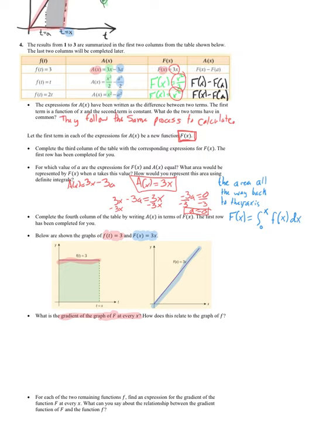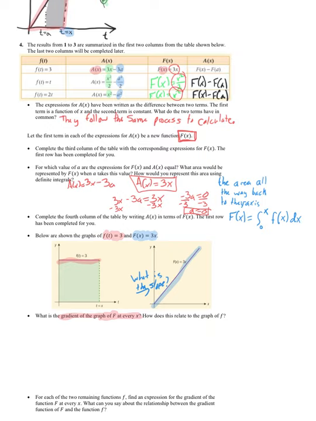So what's the gradient of the graph of F at every x? Basically it's asking, what's the slope in the blue graph, the graph on the right? And then how does that relate to the other graph, the red graph?